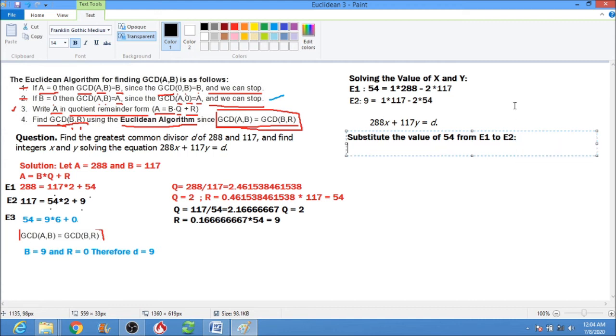So we have E2: 9 equals 1 times 117 minus 2 times 54, and 54 equals 1 times 288 minus 2 times 117.